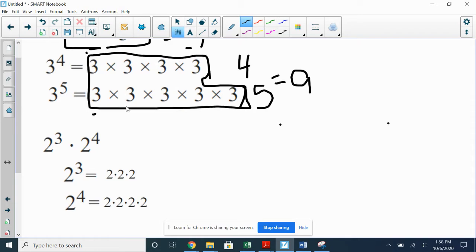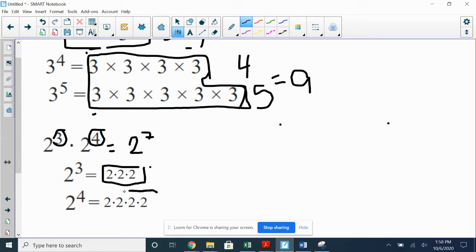So down here, again, we have a matching base of 2. So our base of 2 to an exponent of 3 times 2 to the 4. I know when I'm multiplying like bases with different exponents, I can add. I know 3 plus 4 is 7. So let's check that. I know 2 to the 3 is 2 times 2 times 2, 3 times.